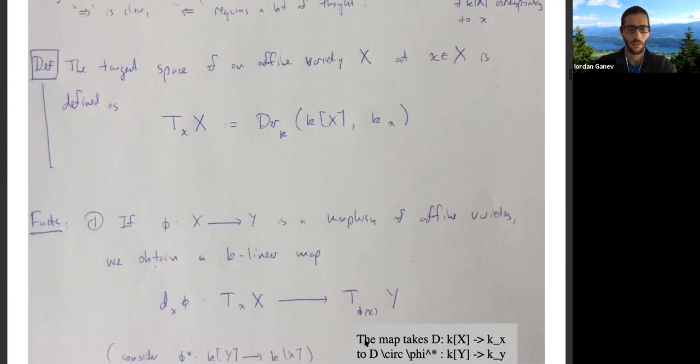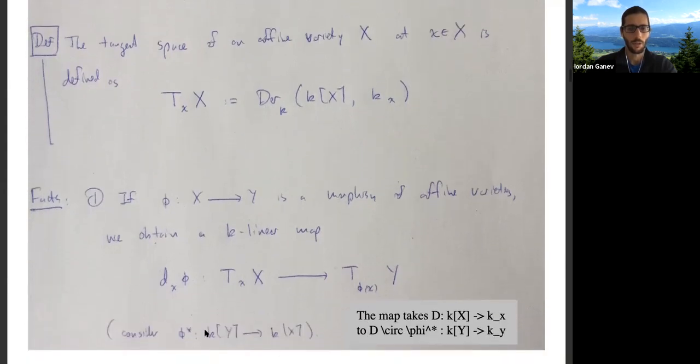Why is this? Well, it's just precomposition with the pullback map on the level of functions. If we have something in this tangent space, then as we defined here, it's a derivation from k[x] to the field, to this module.